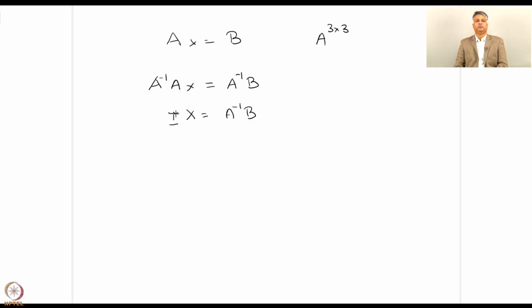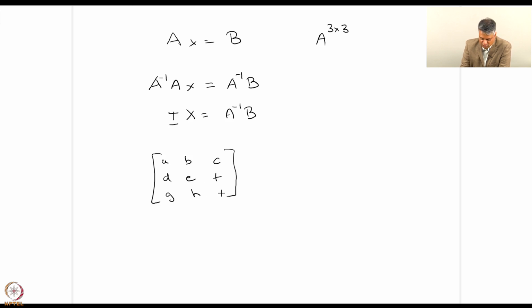Now if you look at a 3 by 3 matrix, let's say that this matrix has entries which I will denote as A, B, C, D, E, F, G, H, and I. Now this is the matrix A.